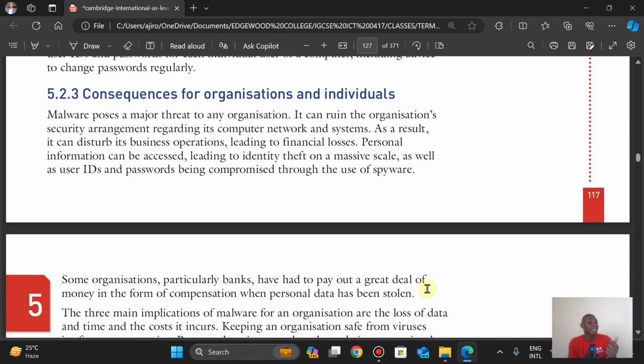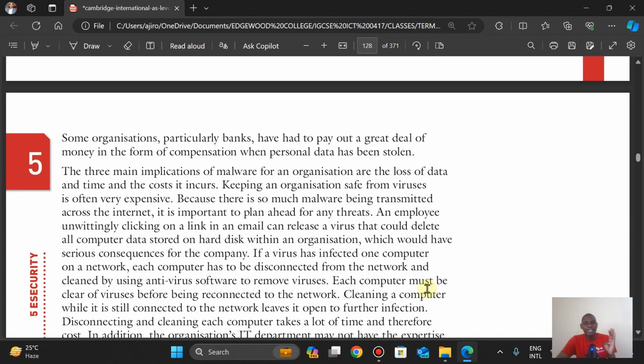Personal information can be accessed, leading to identity theft. Some organizations, particularly banks, have to pay out a great deal of money in the form of compensation where personal data has been stolen. The three main implications of malware for organizations are the loss of data, the time, and the cost it incurs. So please let's take note of that.